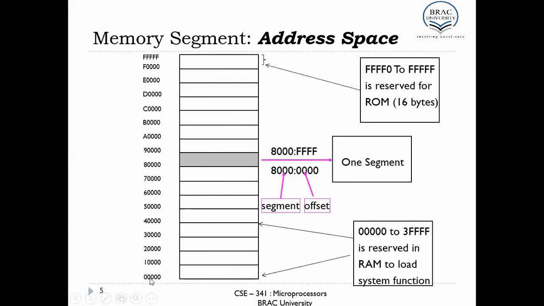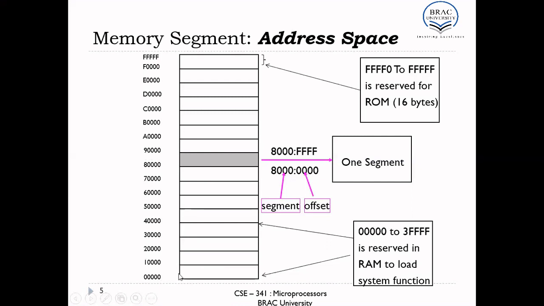Okay. Here we can see this 00000 is the starting address of segment 0. 10000 is the starting location of segment 1. 90000 is the starting location of segment 9. And from 00000 to 10000, there are 64 kilobytes of memory space.